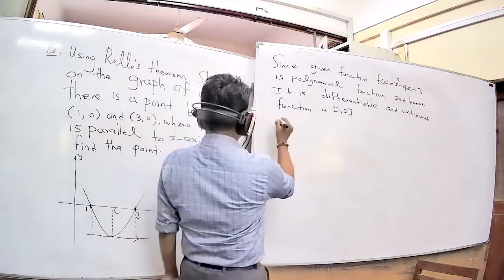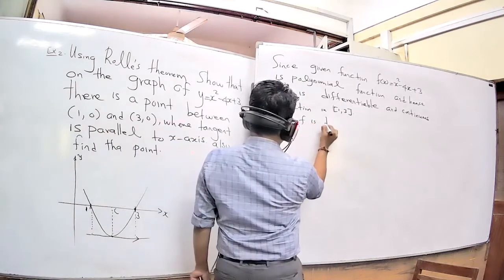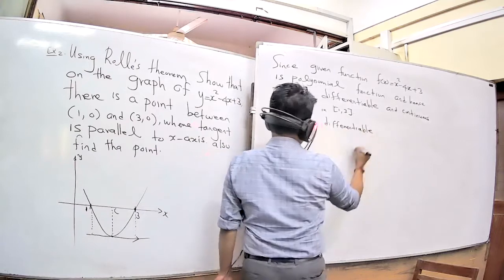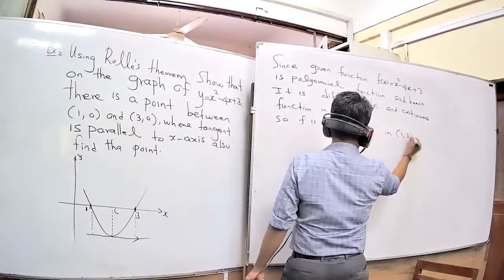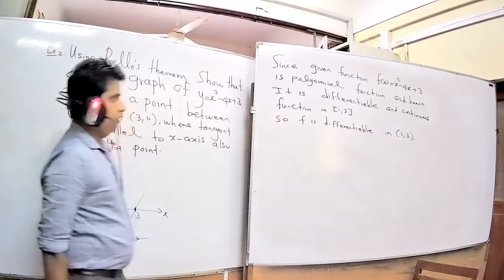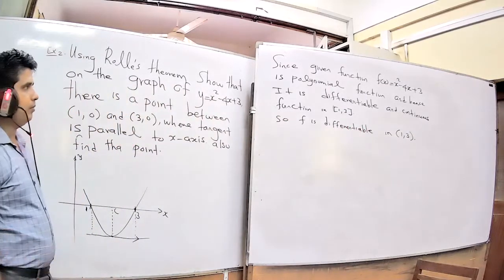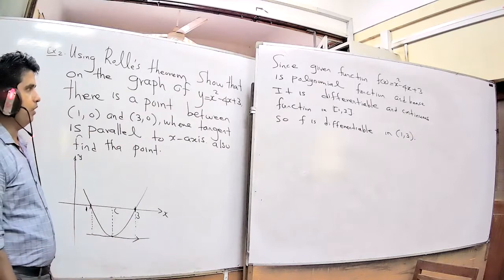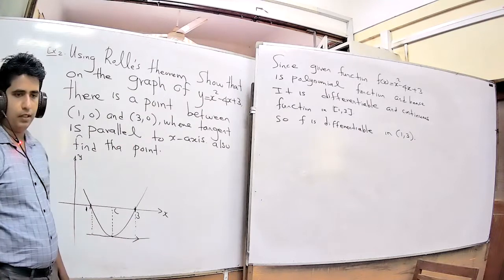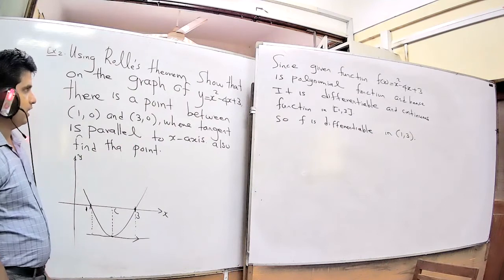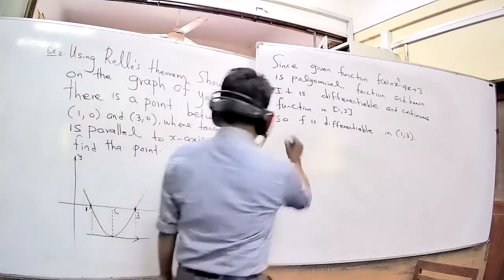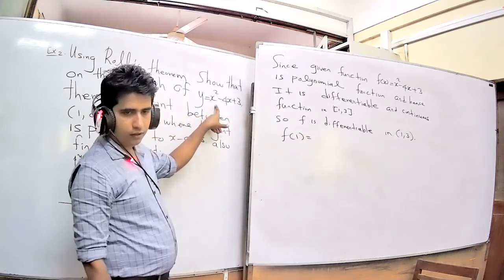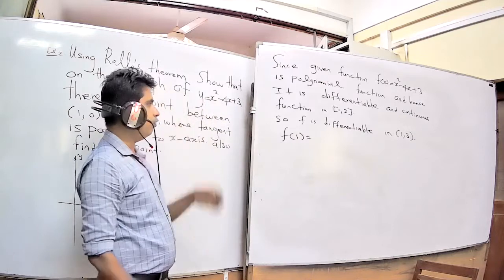So f is differentiable in the open interval 1, 3. Because f is differentiable in the closed interval 1, 3, and the open interval is a subset of the closed interval, therefore f is differentiable in 1, 3. Now check the third condition. What are f of 1 and f of 3? F of 1 is 1 minus 4 plus 3, which is 0.